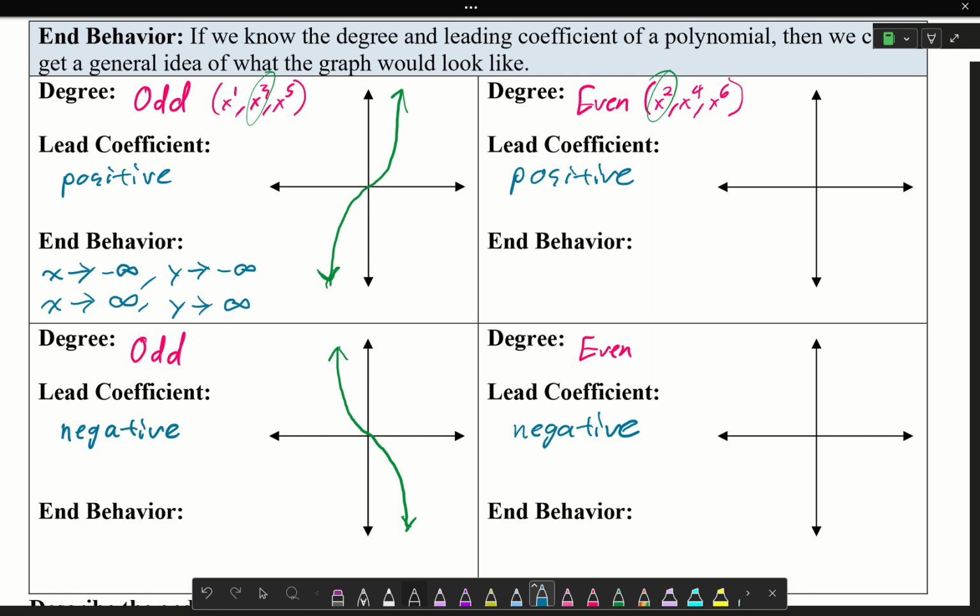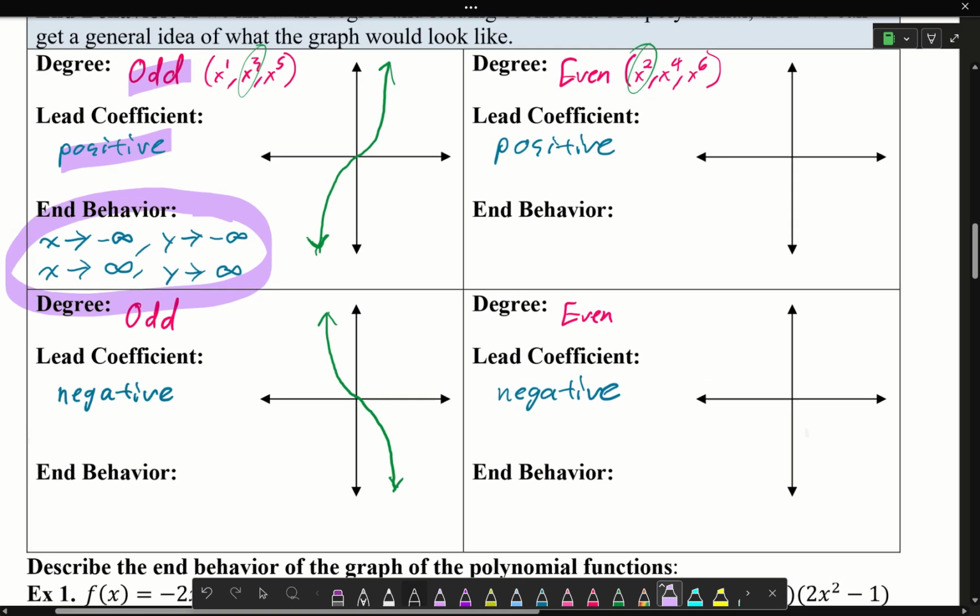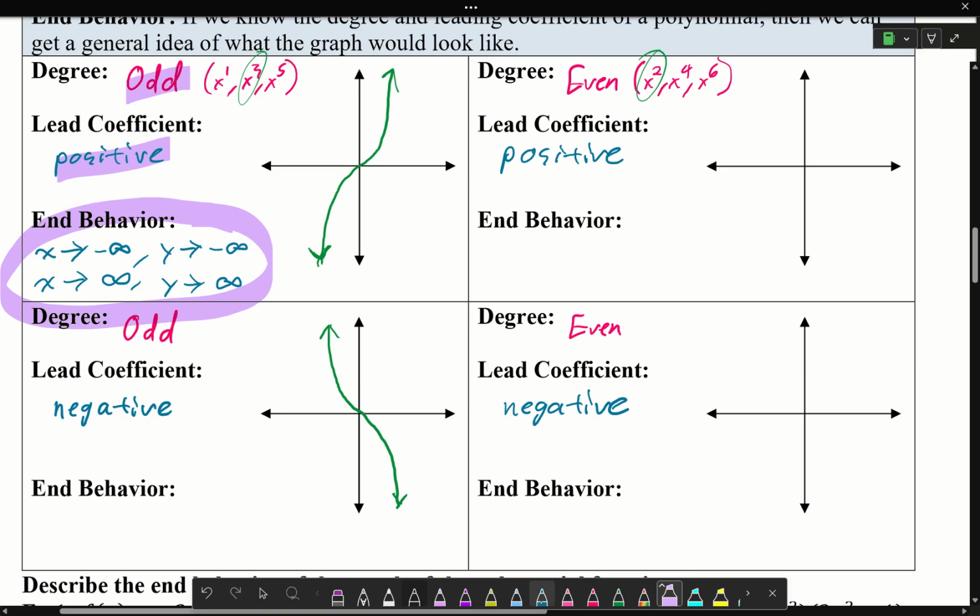Okay, so just from knowing that we have an odd degree and a positive coefficient, we can already predict this end behavior. All right, so let's write it in for the odd and the negative coefficient down on the bottom here. So as x is approaching negative infinity, and as x is approaching positive infinity, it's a little different this time.